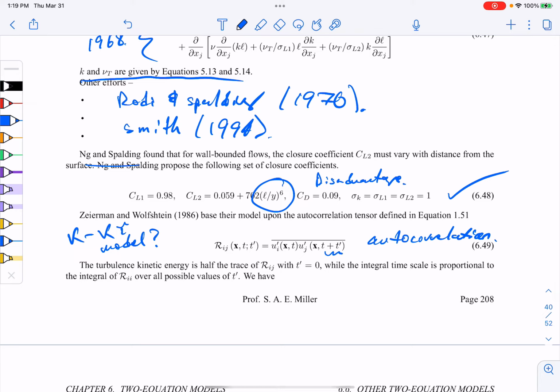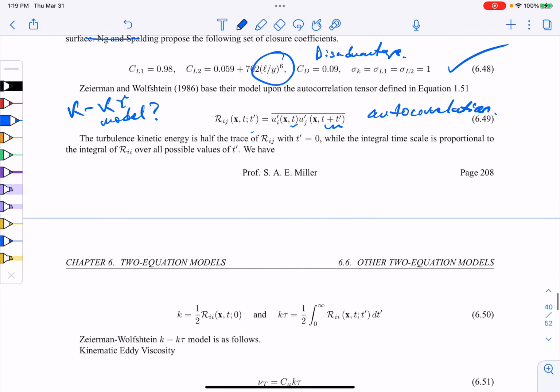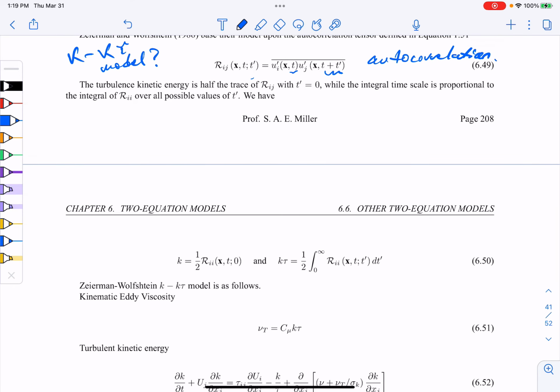So now we are varying over T prime, or T, at location T prime. And if we look at that, we can form a K-tau model. So here's our standard form for K, the trace of Rij, and K-tau would be 1/2 of the integral of Rii.